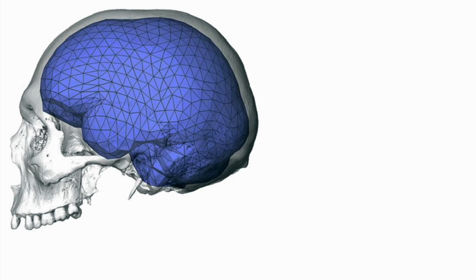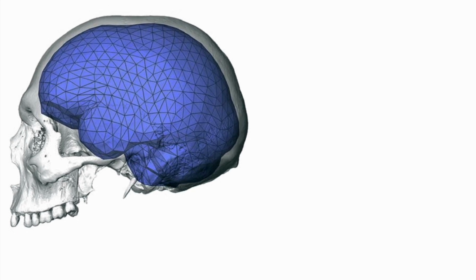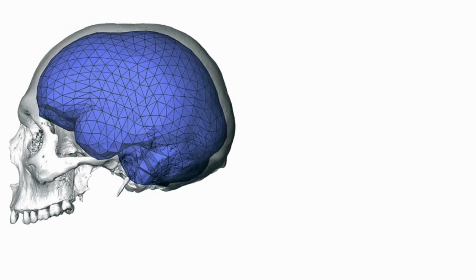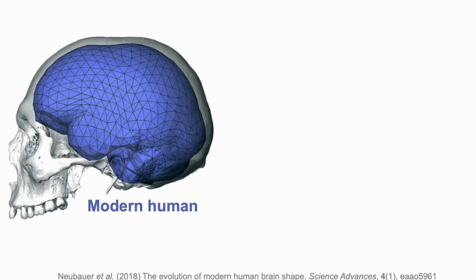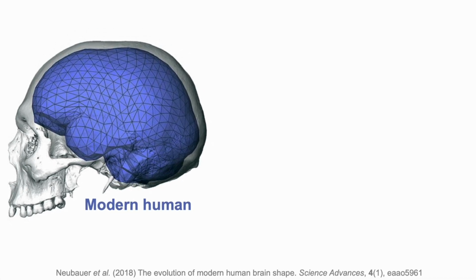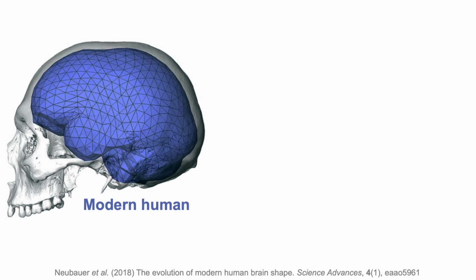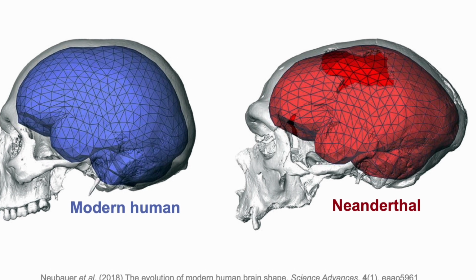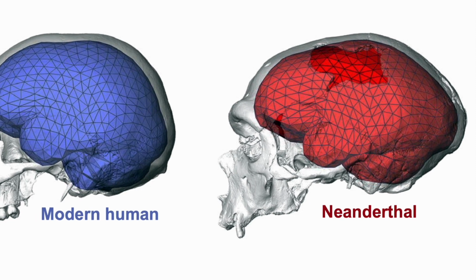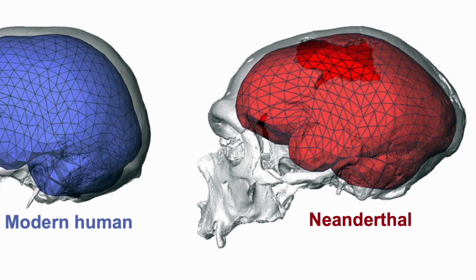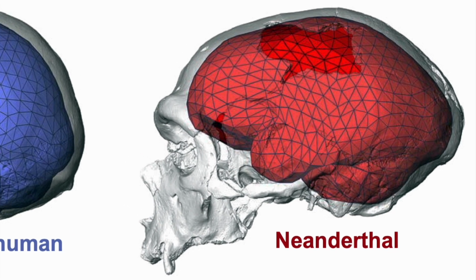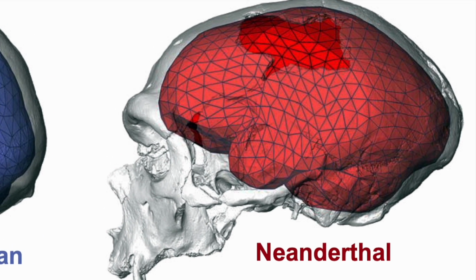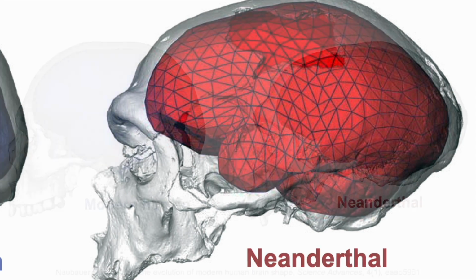If we think about brains, and what we see on screen here is a modern human brain inside an anatomically modern human cranium. And if we then compare that with a Neanderthal, we've already looked at the skull and the difference in shape of the skull, and it's perhaps no surprise that we see differences in shape of the brains.